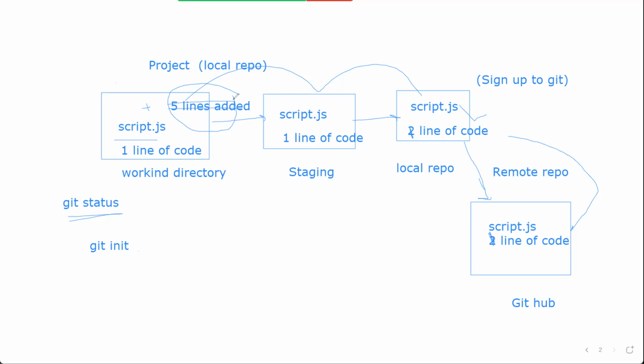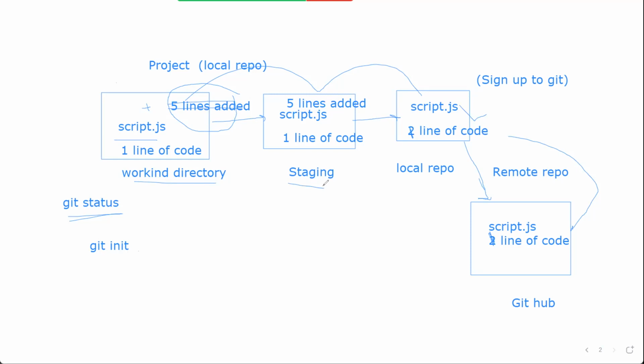Now what is the second scenario? The second scenario is that you added five lines here in the working directory, and you also took those five lines from the working directory to staging.